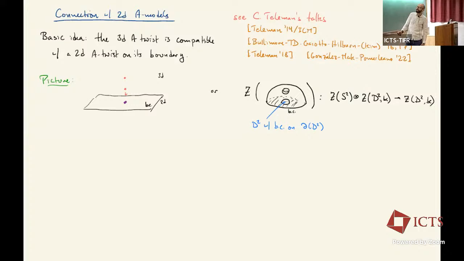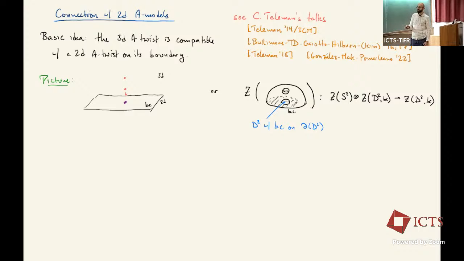The TQFT version of that is that given a boundary, there is a half ball cobordism, a half pair of 3D pants, that gives an action of Z of S2 on Z of a disk with some boundary condition at the boundary of that disk.